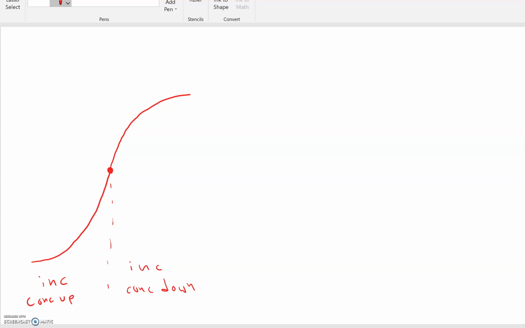And this point right here where you change concavity, that point has a special name. It's called a point of inflection.